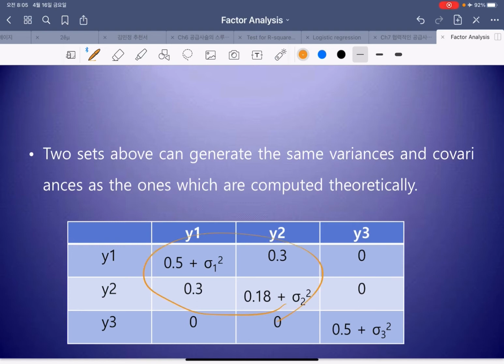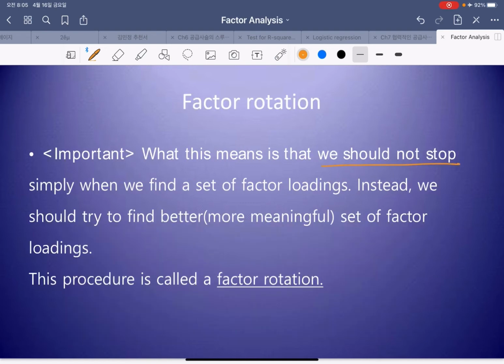That means we should not stop simply when we find a set of factor loadings, right? Instead, we should try to find a better set of factor loadings, right? So this process is called factor rotation, right?